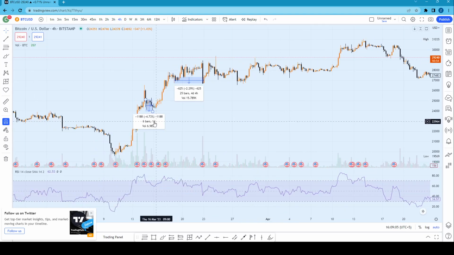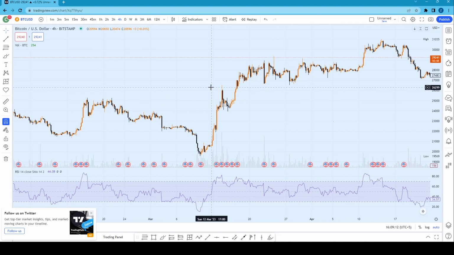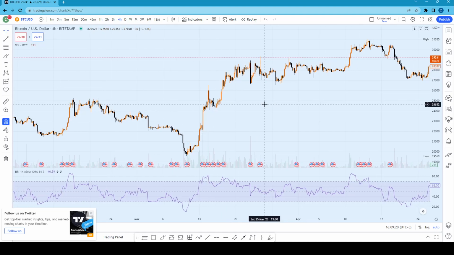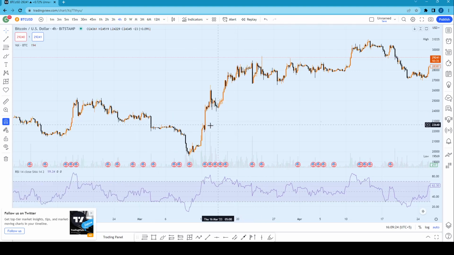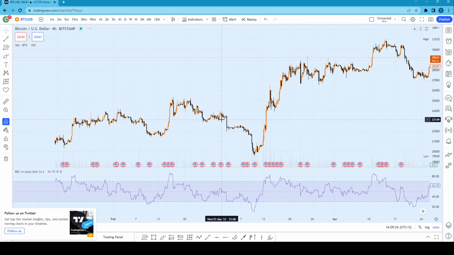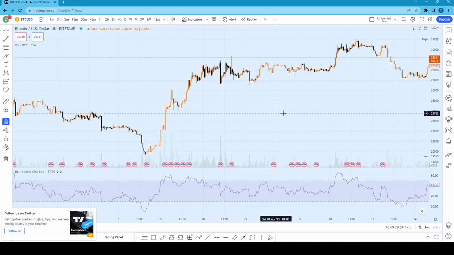Usually what I do is use it for divergences. How do you find a divergence? There are different types of divergences: hidden divergence, normal divergence, bullish divergence, and bearish divergence. Let me quickly find a divergence.